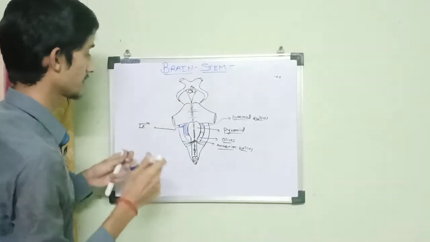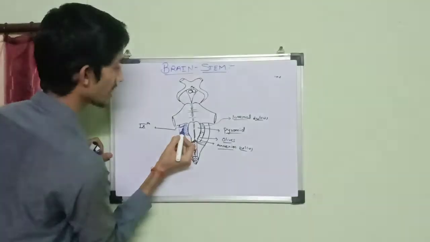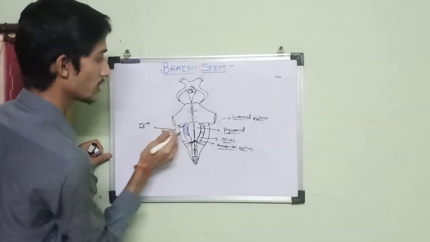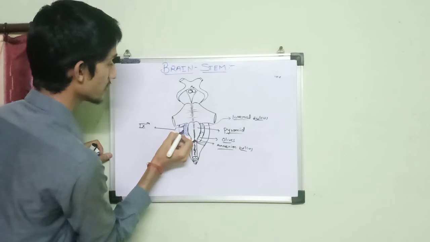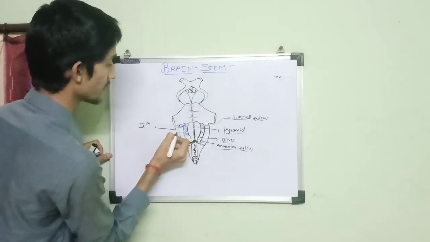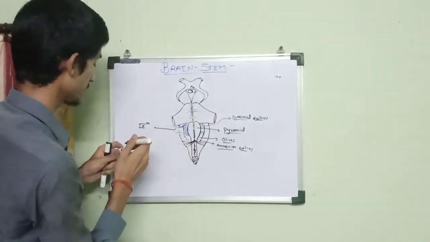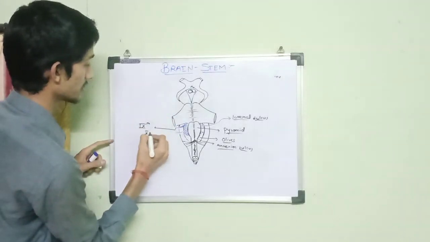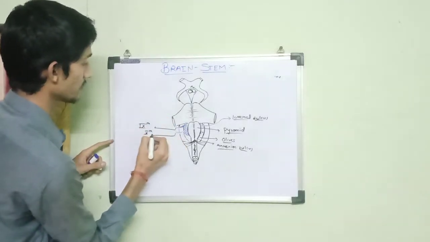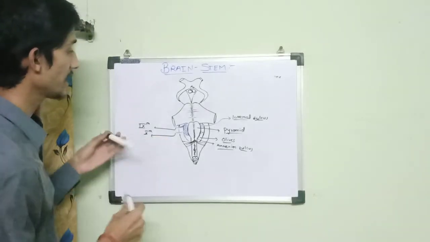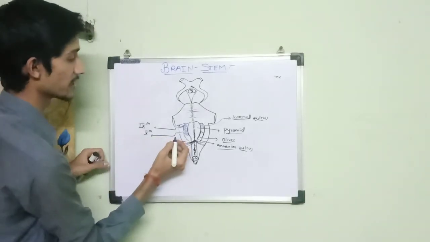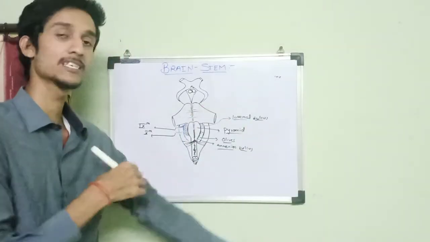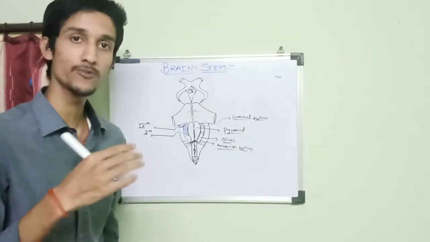Similarly, the vagus nerve, its different fibers, arises from the lateral sulcus, somewhat lower to the ninth cranial nerve. This is 10th cranial nerve. And then we have 11th cranial nerve, the spinal accessory nerve. It has two roots, we all know, the cranial root and spinal root.